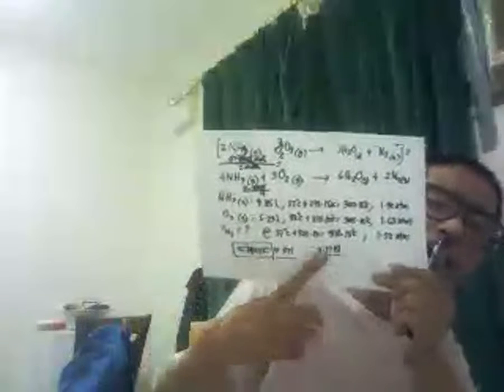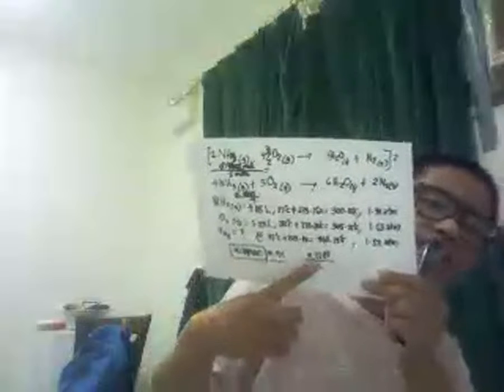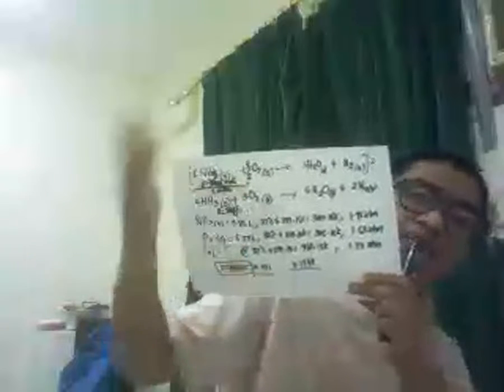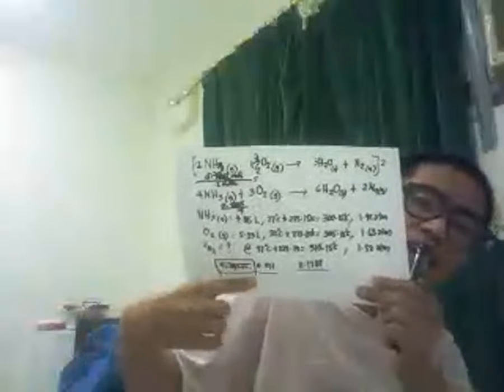So 0.5366 divided by 3 is 0.178, which is higher. So this is higher, meaning this is in excess. There's an excess, and it's a greater amount, and this one is only limiting. So we need to use the limiting reactant. Ammonia is our limiting reactant.